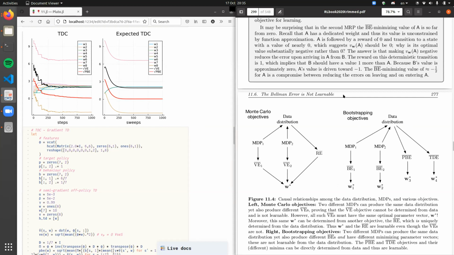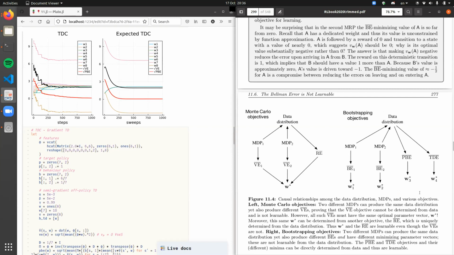We need to know the exact MRP that generated the reward sequence to find the correct optimum. But the projected Bellman error, and also the projected TD error, would be unique for this, and are uniquely identifiable from the data distribution.